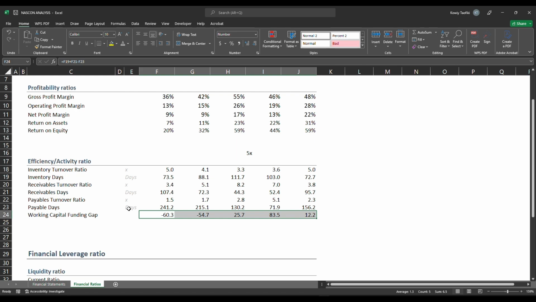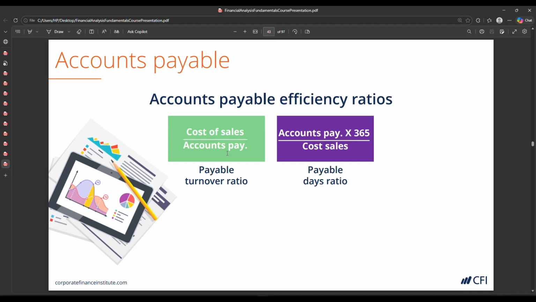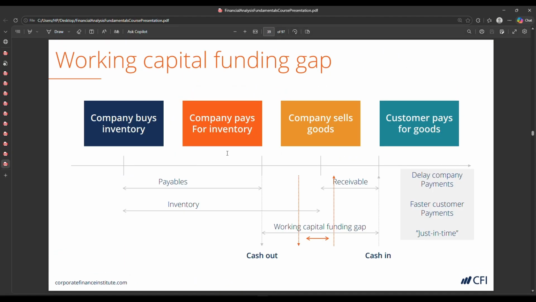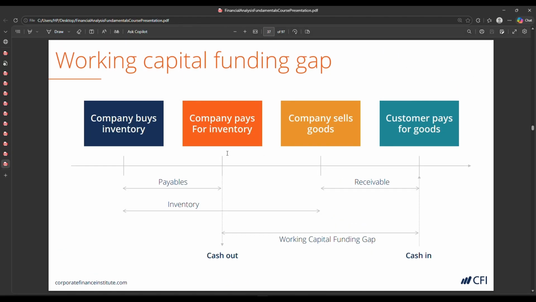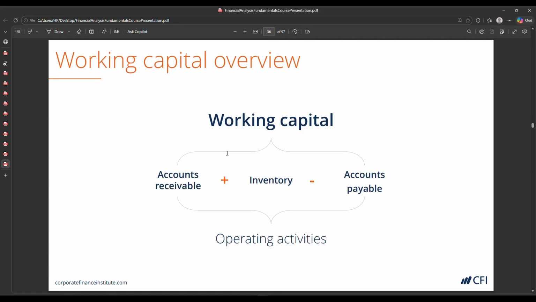Actually, I want us to pay attention to the days. Let's come here to our working capital. Yeah, so we can actually see this. So this is our working capital. So for our accounts receivables plus inventory minus accounts payables, our accounts receivable days, inventory days, and accounts payable days.